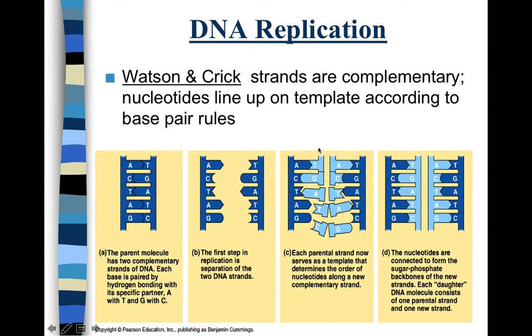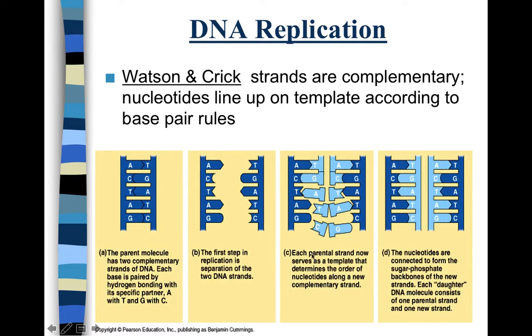DNA replication. Watson and Crick's strands are complementary. The nucleotides line up on the template according to base pair rules. The parent molecule has 2 complementary strands of DNA. Each base is paired by hydrogen bonding with its specific partner, adenine to thymine and guanine to cytosine. The first step in replication is separation of the 2 DNA strands.